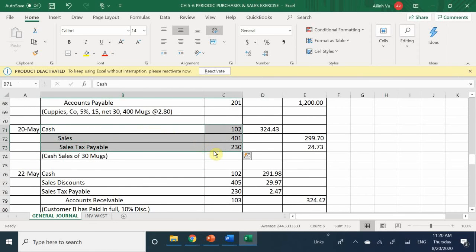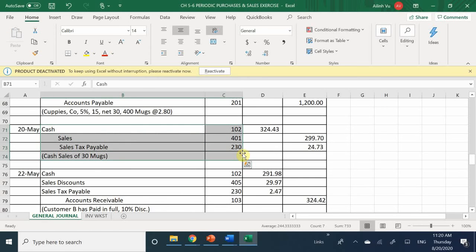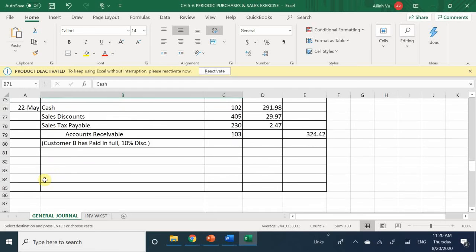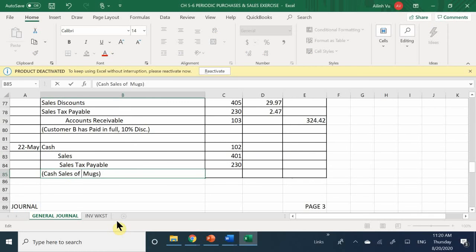We're going to journalize our cash sales here. Correct. And this is for the same date, May 22nd. And this time, how many mugs are we actually selling? 15 mugs. Okay, good.